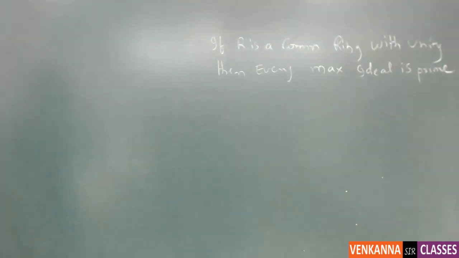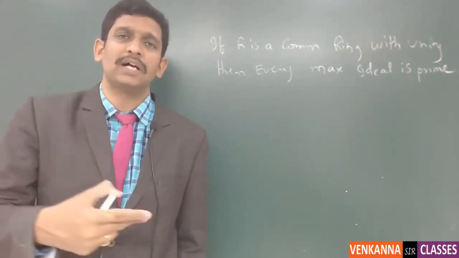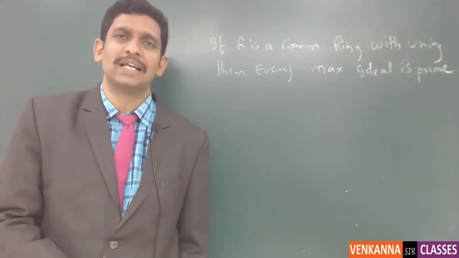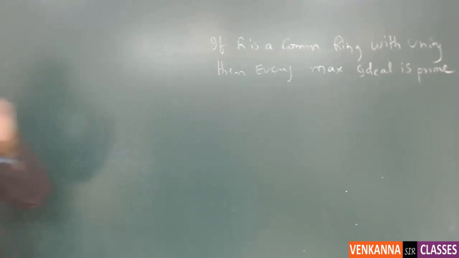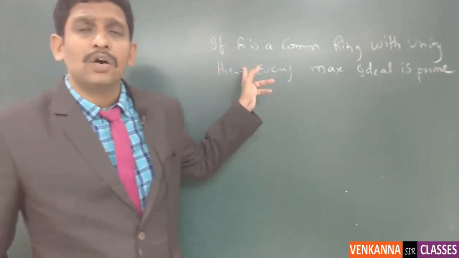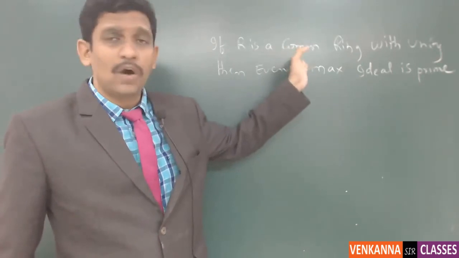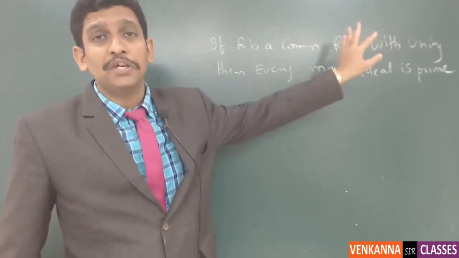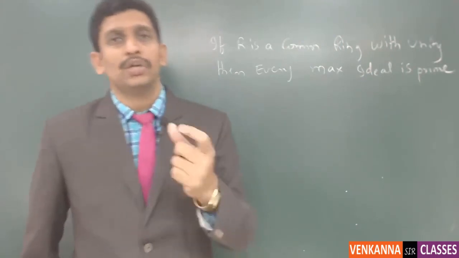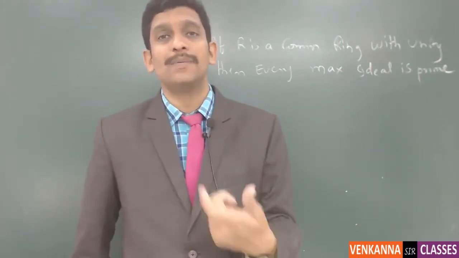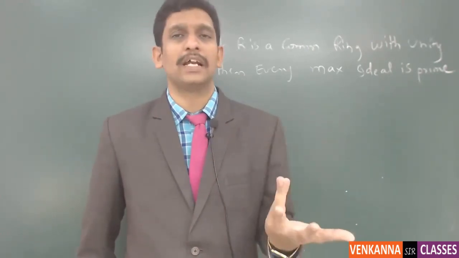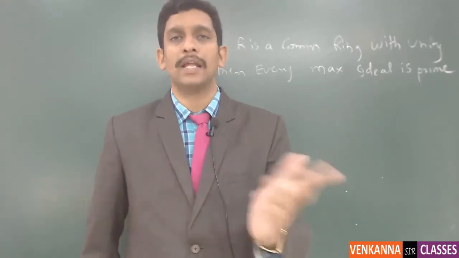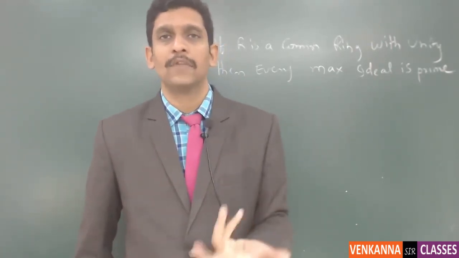The proof follows by combining the two statements of the previous results in today's class. In the question, the ring we have taken is a commutative ring and also has the unity element. Then any maximal ideal will become prime also. So in this way you can conclude that every maximal ideal is a prime ideal. So how do we start?